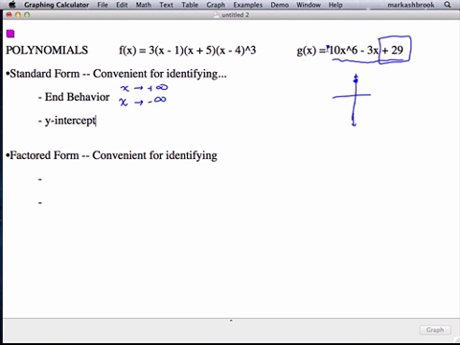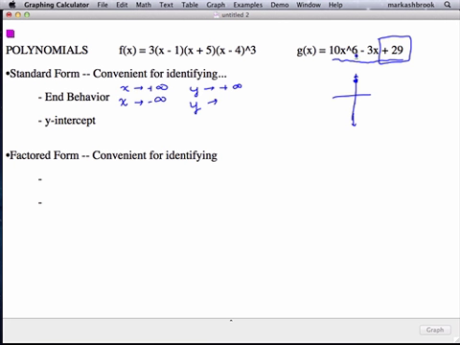So as x goes to infinity, what will y do, or what does the function value do for very large positive x values? Positive or negative? And as x goes to a very large negative value, what will y do? Very large negative, right?